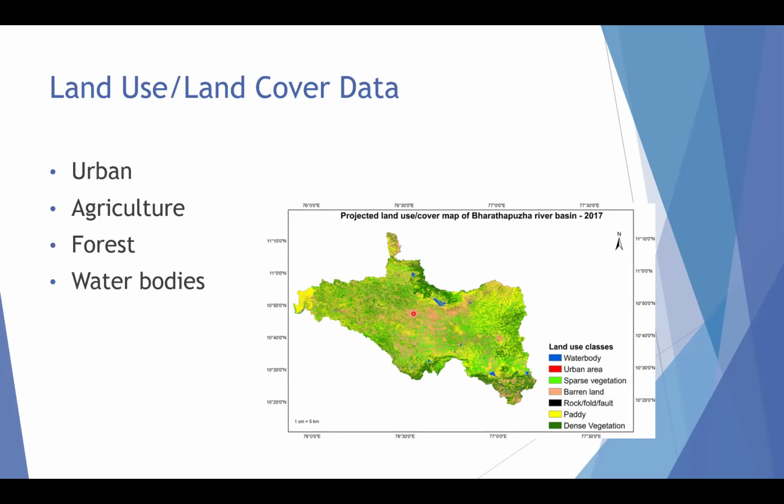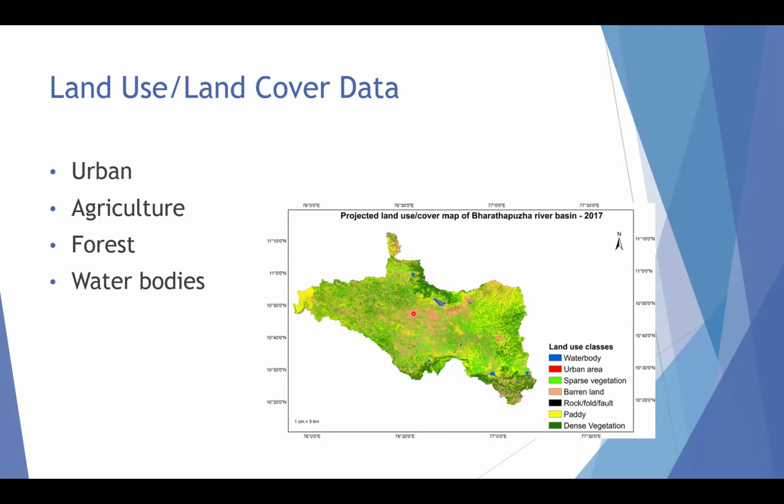That means how much surface runoff is generated, how much water gets infiltrated, and how much goes to the groundwater. All these things are based on your land use land cover.